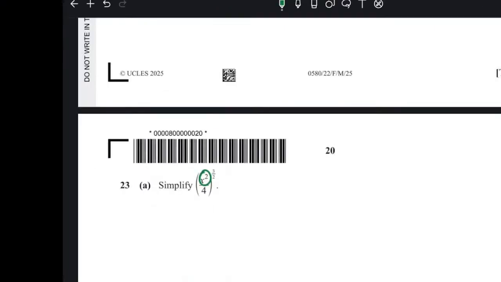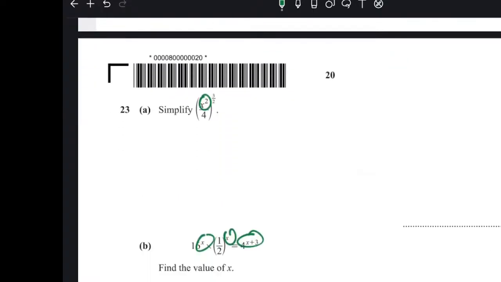This is clearly algebra, right? So yes, this is algebra, but that's not the one I'm talking about. We're still going to do it. I'm going to do a lot of questions with you, including this part. We are not ignoring this. It's also algebra because we are seeing letters of the alphabet.